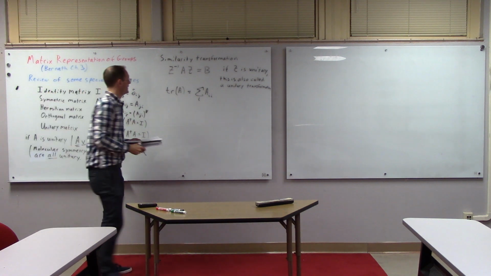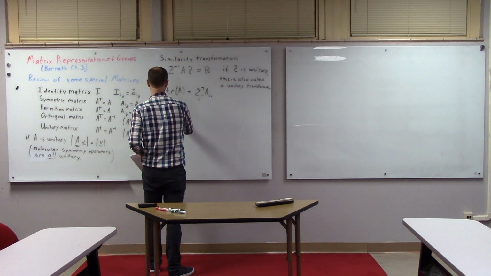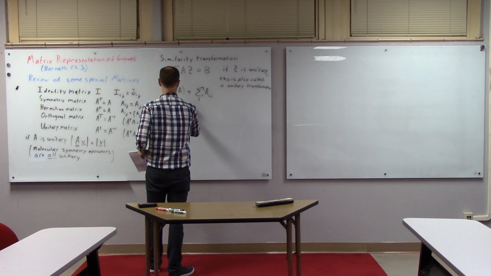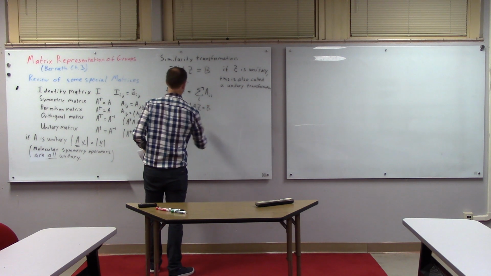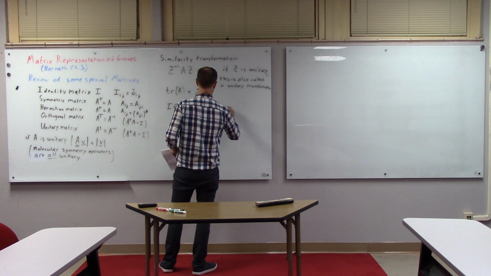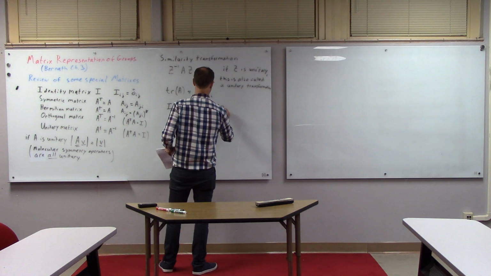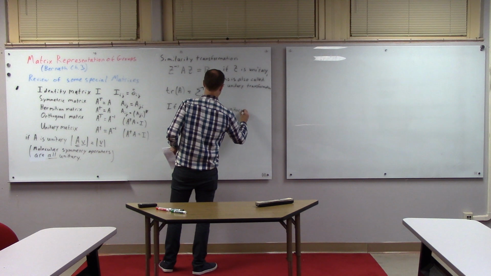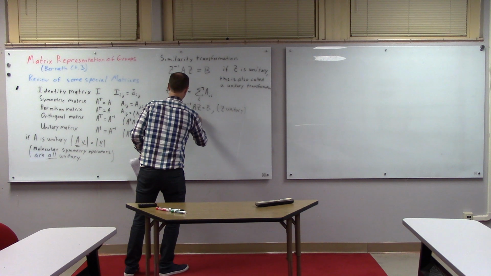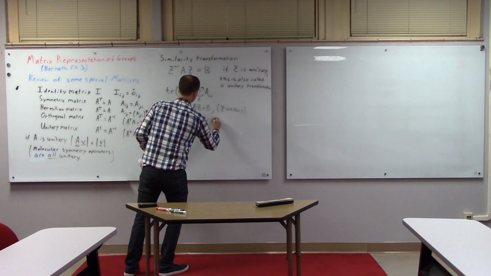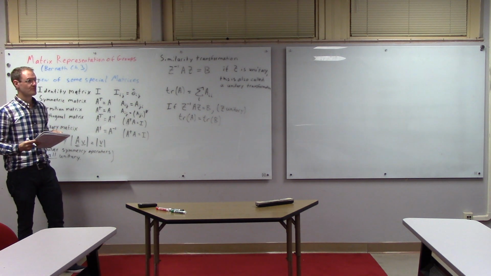And if the matrix A and the matrix B are related by a unitary transformation, then the trace of the matrix A is going to equal the trace of the matrix B.